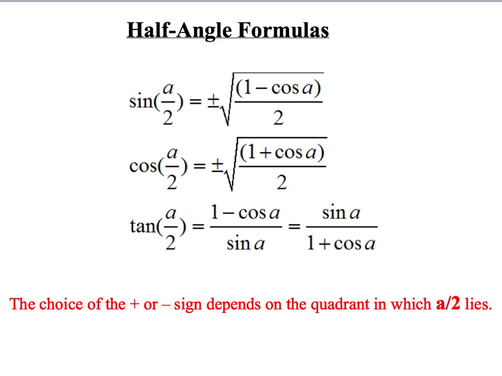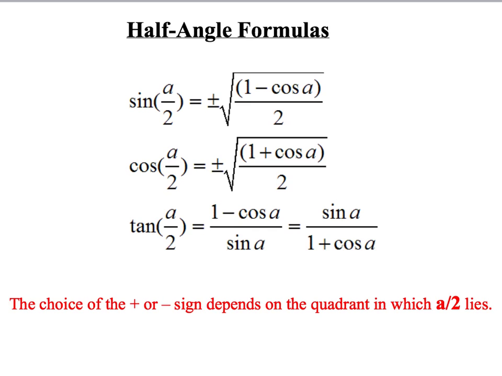Ultimately the rule is right down here. The sign for positive or negative depends on what quadrant A divided by 2 lies in. Not where the original angle A lies, but where A divided by 2 lies. I have two examples here I'd like to look at.